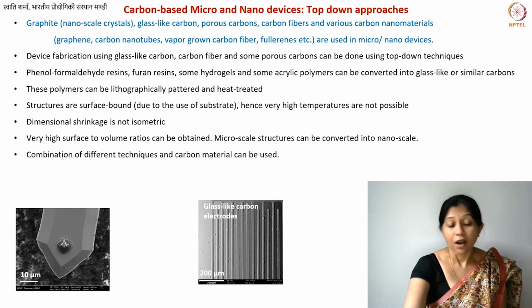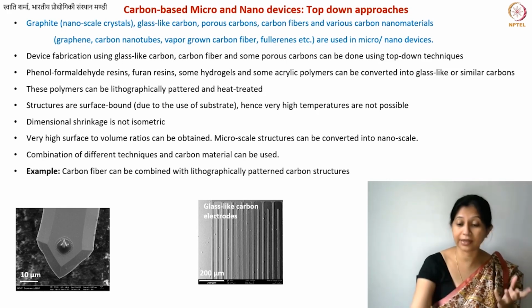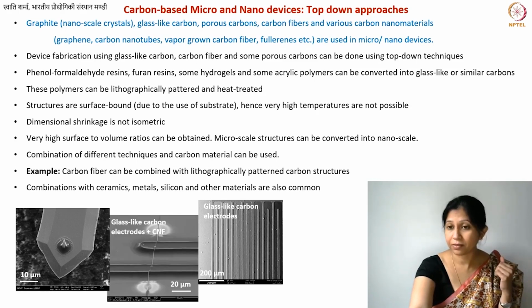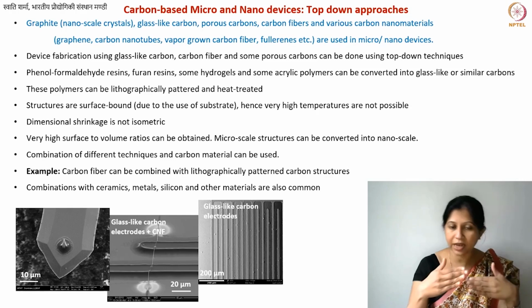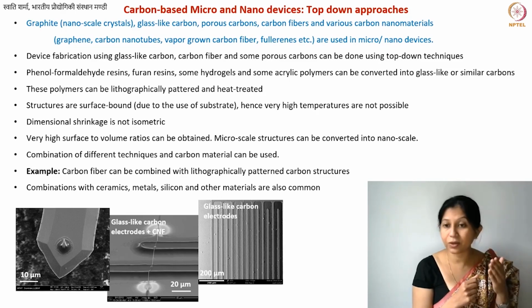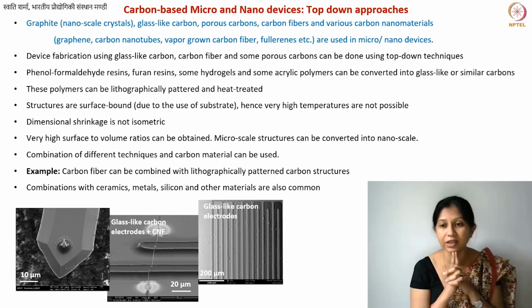Okay. Often you would also use a combination of different techniques. For example, you can use electrospinning with lithography. So here is an image that I have shown here. You have two contact pads. On top of that, you see there is a fiber. The fiber was made using electrospinning and in such a way that you got only one single fiber. We don't need to go into the details of that.